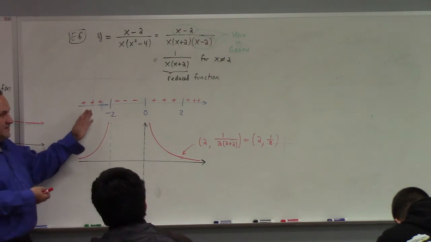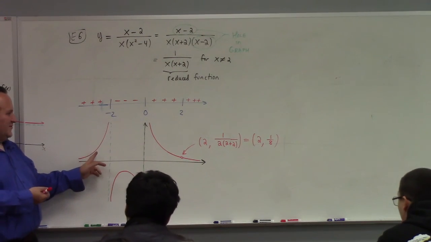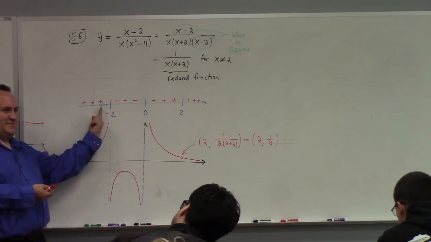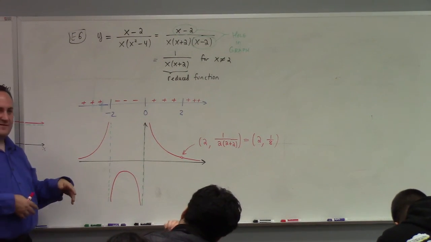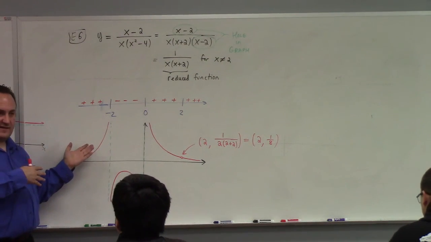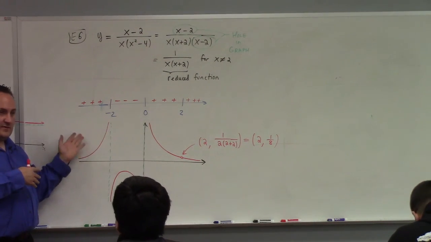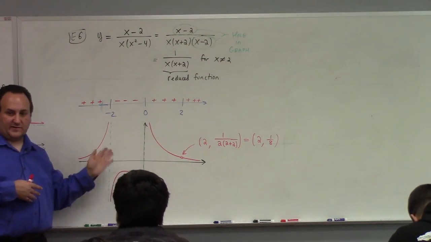But you notice that we don't bounce off infinity. My brother says that this is like crossing through infinity. It's like you're going off to infinity and then coming back over here. I don't know, whatever. If it makes sense to you, great. If not, the point is that the only way we can cross the x-axis in terms of the graph is either to go through an x-intercept or to have one of these vertical asymptotes where we flip from plus to minus or vice versa.